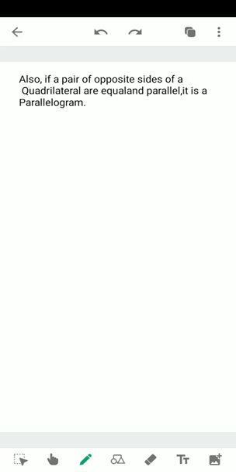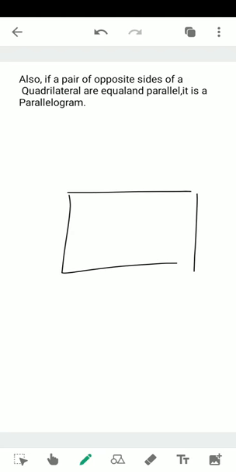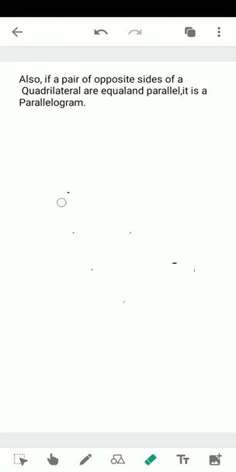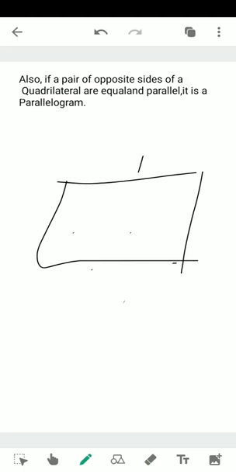What I'm trying to say is, if I'm given some random quadrilateral having four sides, let me draw it in a better manner, something like this. If I find out that these two opposite sides are parallel and equal, and so are these other two, then I can say with certainty that this will turn out to be a parallelogram.